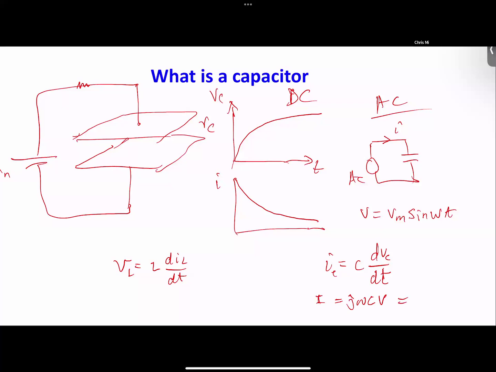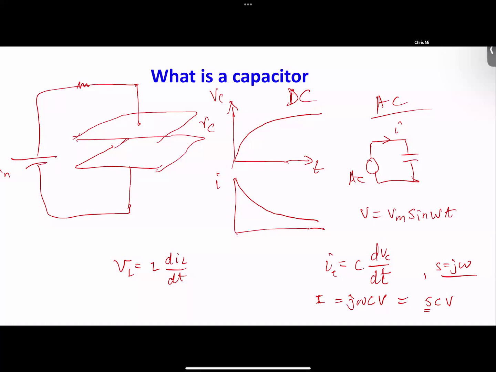And further, they simply use s equal to j omega. The reason is that using s instead of j omega makes it a little bit easier in control theory, because eventually you can replace s with j omega to convert it into the frequency domain.